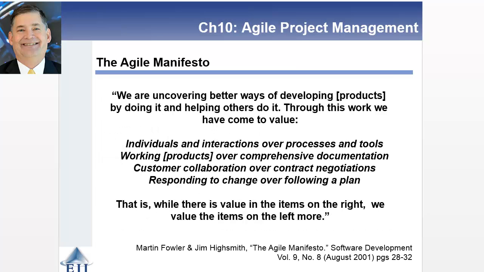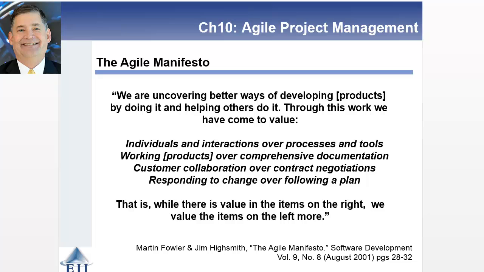Now, Agile's been around for about 15 years now. There was a manifesto published back in August 2001, and it talks about doing project management a very different way. The first Agile project that I was involved with was in the late 90s, actually 97.